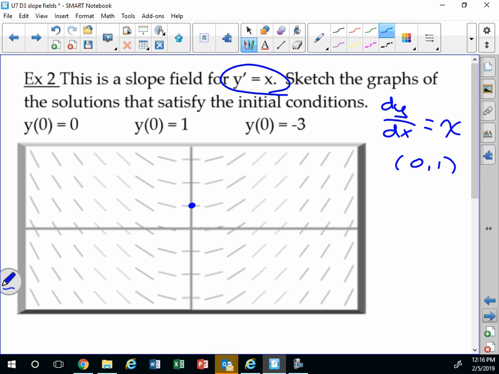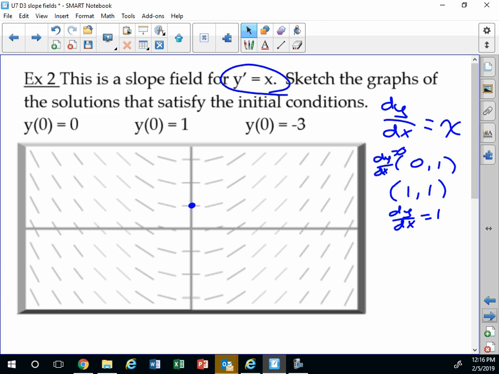Like 1 half, something like that, right? Well, in reality, ladies and gentlemen, if you plug in 1, what do you get out? 1. So my slope here will be 1. My slope here would be 0.